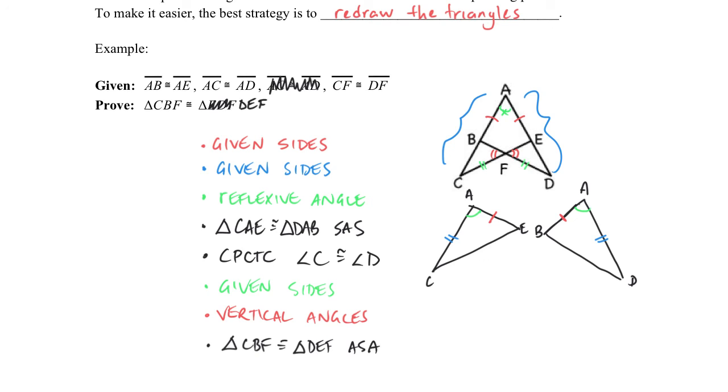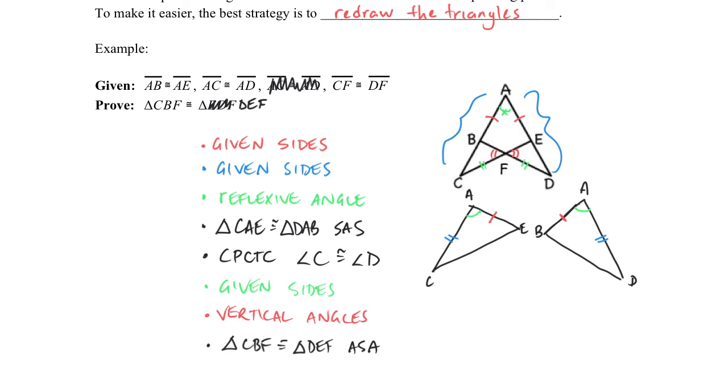So you're going to see in the answer keys that I always redraw the triangles, and I strongly recommend that you do the same thing, but you have to work with both pictures. Just because you redraw the triangles doesn't mean that now you're just working here. You have to work in both pictures simultaneously, because you probably wouldn't have noticed the reflexive if you hadn't looked at this diagram.